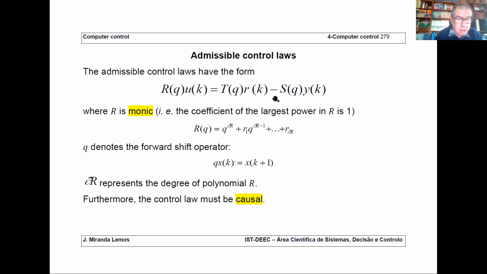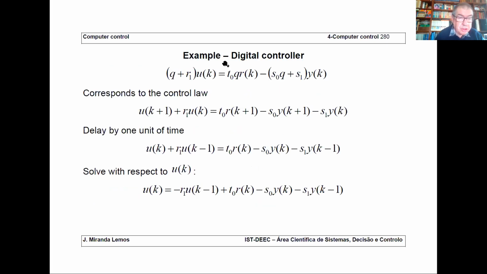Okay, so let's see an example. Suppose that R is a first order polynomial. T is a first order polynomial, but with no independent term, and S is also a first order polynomial. So you write your control law in this form. And since Q is the forward shift operator, Q U of K is U of K plus 1.